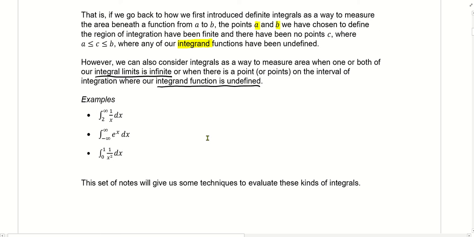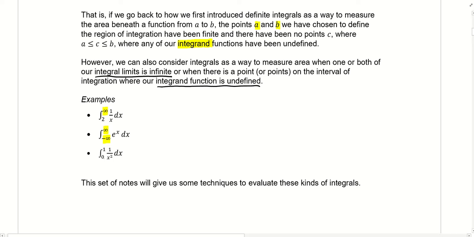So some examples of that, let's say we're integrating the function 1 over x. Notice that our upper limit of integration here is infinite, positive infinity. Or something like this, integrating e to the x, where both of our limits of integration are infinite, so from negative infinity to positive infinity. So those are both examples of this, but we can also have cases where our integrand function is undefined at a point or multiple points on our interval of integration.